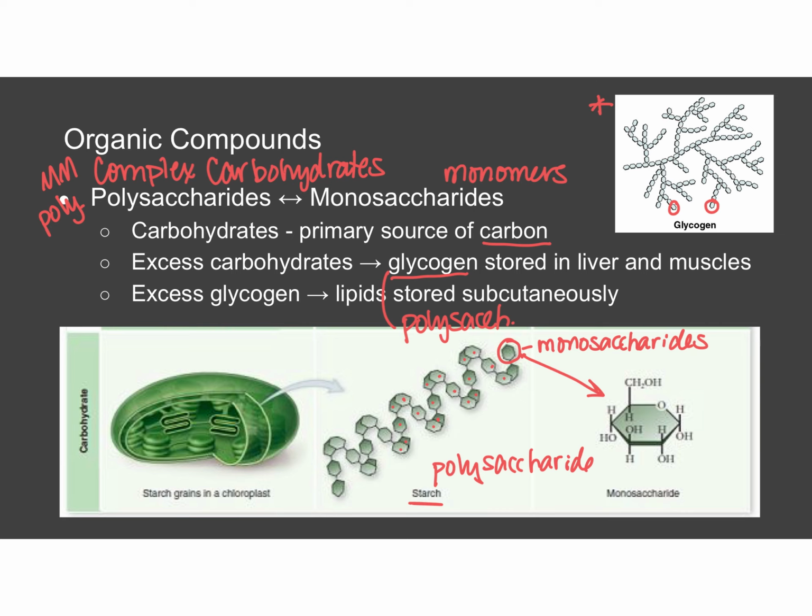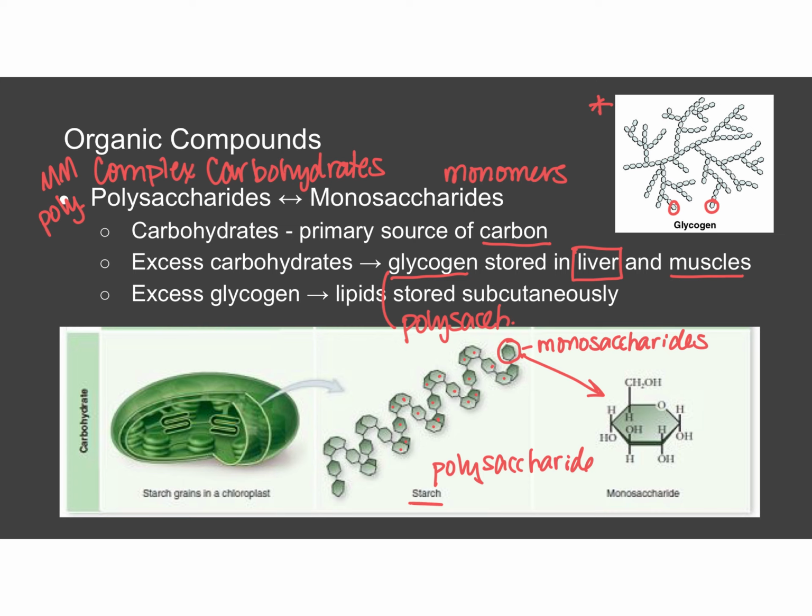And this glycogen is primarily stored in the liver, although some of it is also stored in the muscles. And this is helpful because let's say you go a long period of time without eating any food. Well, your body can essentially tap into the stored glycogen as a quick energy source.